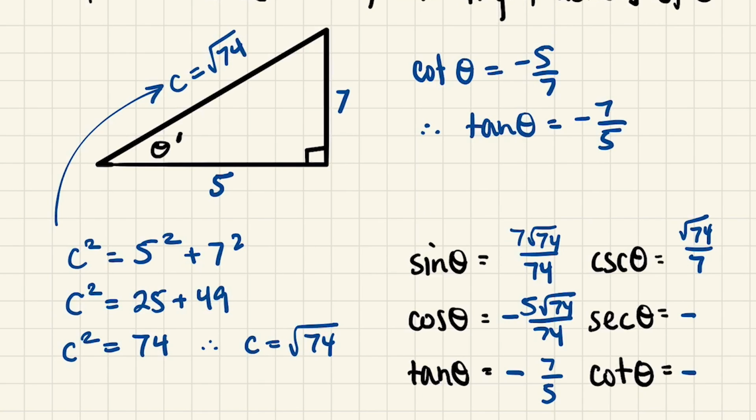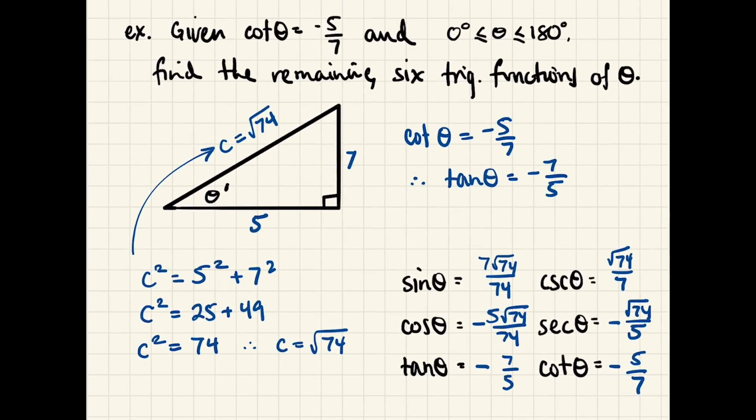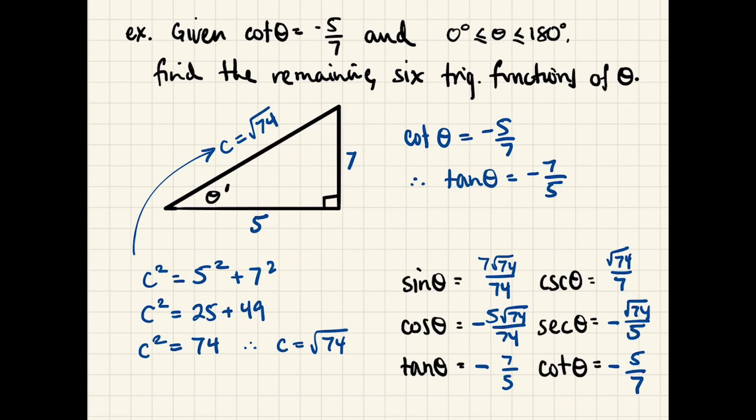Secant of theta is the reciprocal of cosine. Cosine's adjacent over hypotenuse, so secant will be hypotenuse over adjacent. And cotangent of theta will be adjacent over opposite. So with very little writing, we were able to get exactly the same answer that we obtained earlier.